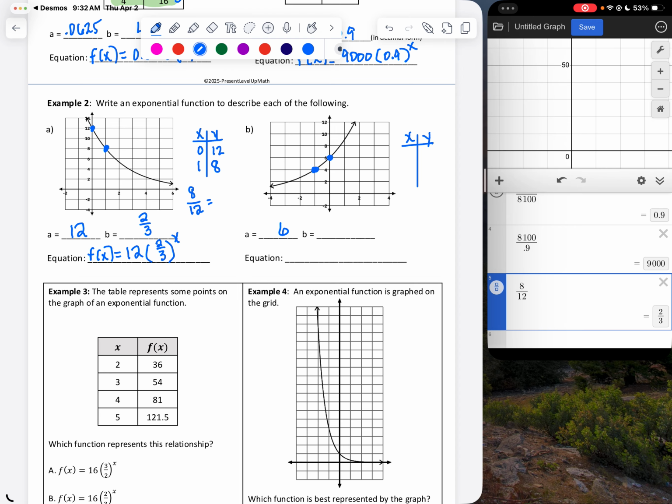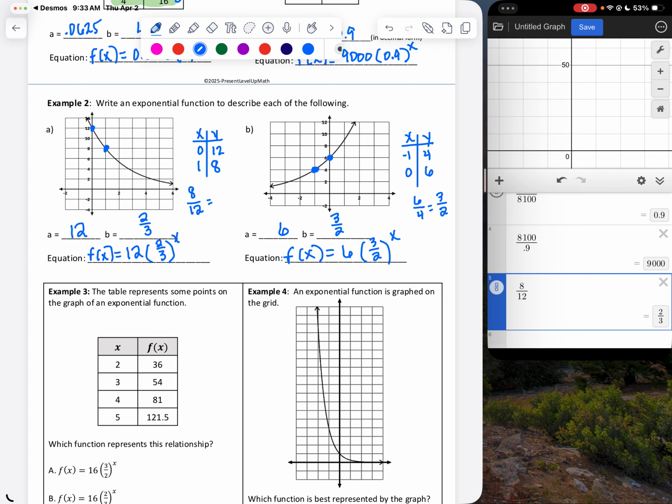So that would be (-1, 4), and then we have (0, 6). All right, so to get your common ratio, you take 6 and divide it by 4, which would reduce to 3/2. So our function will be f of x equals 6 times 3/2 to the x power.